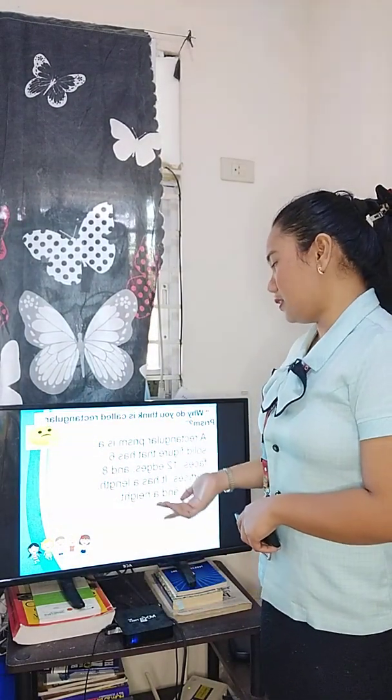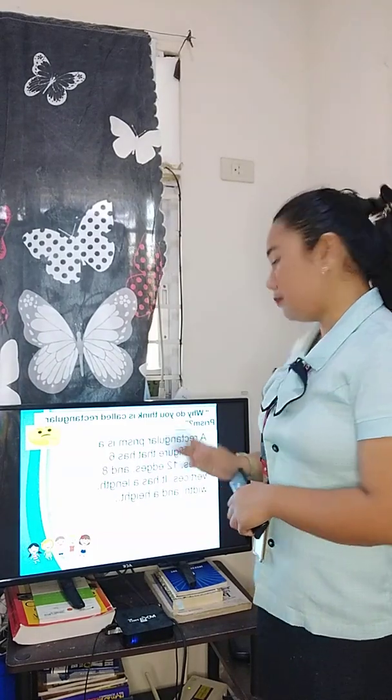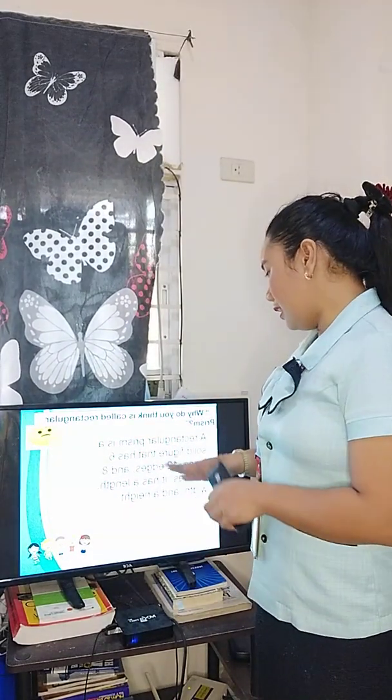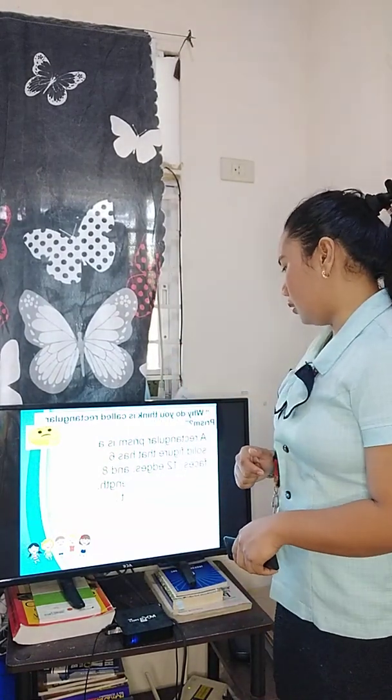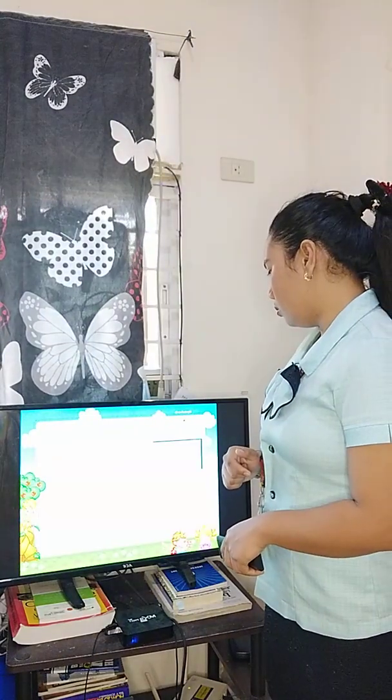Because a rectangular prism is a solid figure that has 6 faces, 12 edges, and 8 vertices, and it has a length, width, and height. Do you understand what a prism is? Very good. Now, do you have an idea how to get the volume of this box?